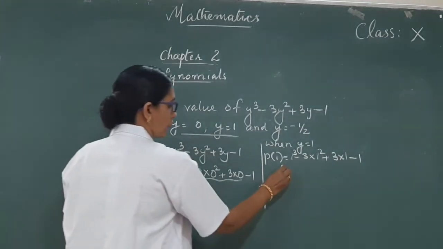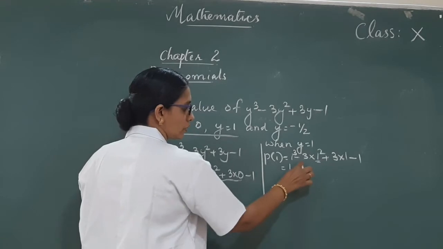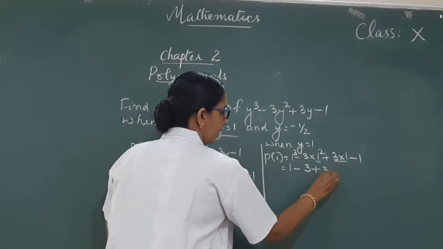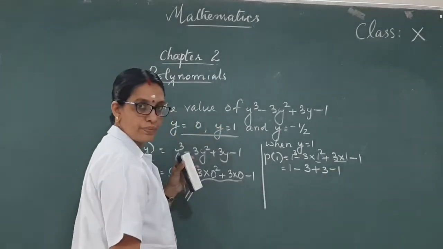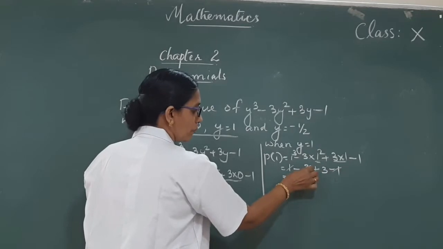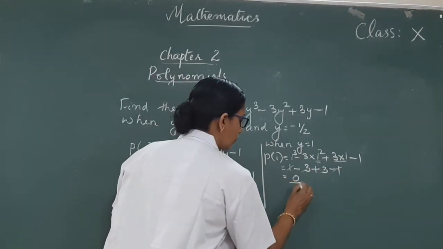So it is equal to 1 minus 3, since 1 square is 1, so 3 into 1, 3. Here also plus 3, then minus 1. What is the answer? 1 minus 1 becomes 0. Minus 3 plus 3, 0. So the final answer is 0.